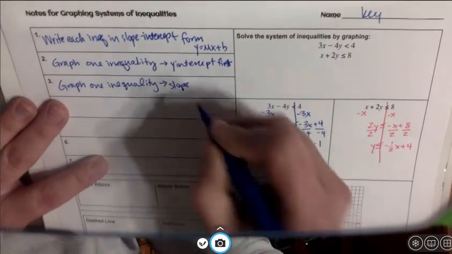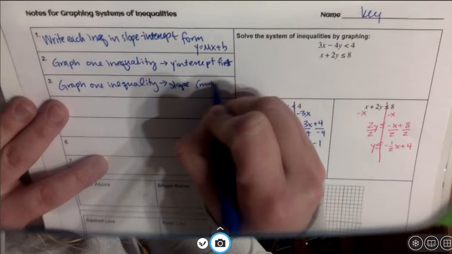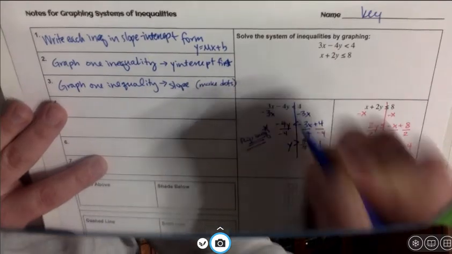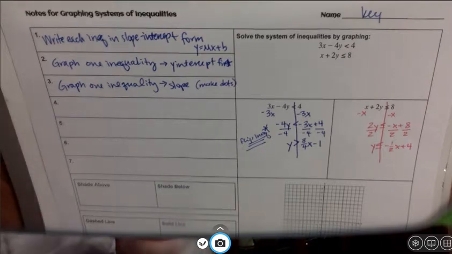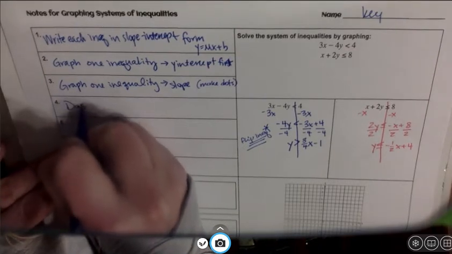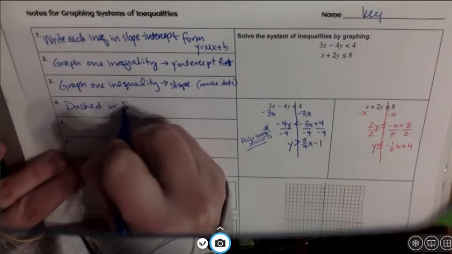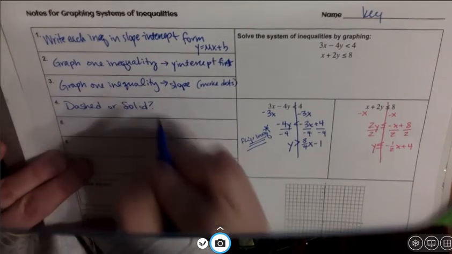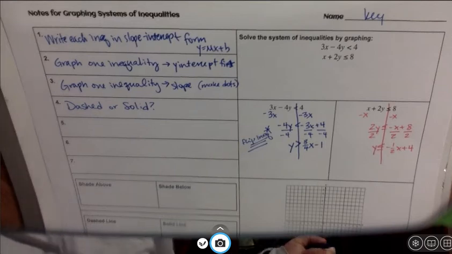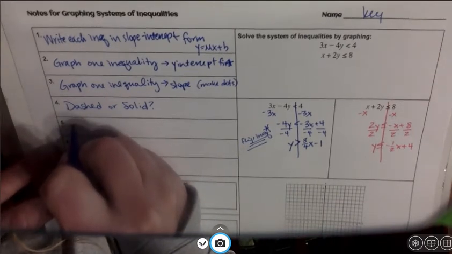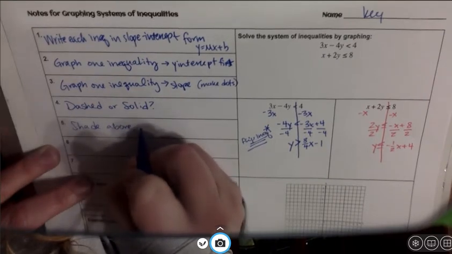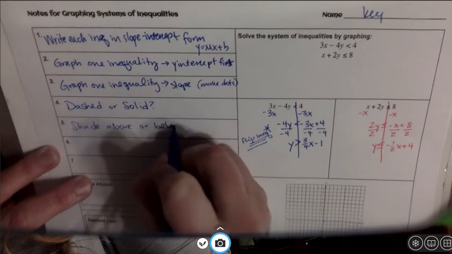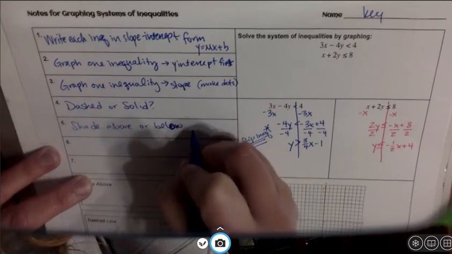And as I do this, I'm going to just make dots at first because I need to decide whether or not I am going to be creating a dashed or solid line when I create my graph. And then I also need to decide after I've done that if I'm going to shade above or below the dashed or solid line.